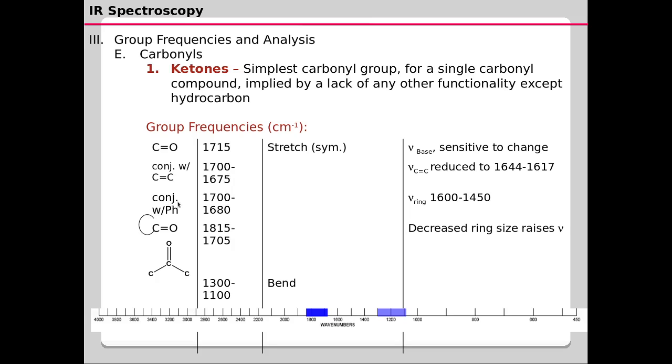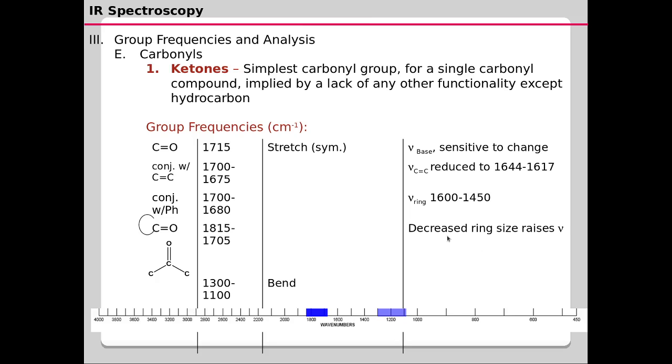And for carbonyls attached to cyclic ring systems such as cyclohexane or cyclopentane, the frequency of the carbonyl functional groups comes between 1705 and 1815 centimeter inverse, and this frequency increases as the ring size decreases. We have already discussed this typical trend.